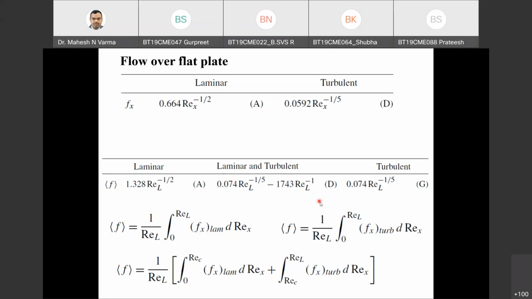Okay. This is whole multiplied by Prandtl number. That you should remember. Otherwise, you will make a mistake. And how about this turbulent flow? 0.037 REL power 4 by 5 and Prandtl number power 1 by 3.